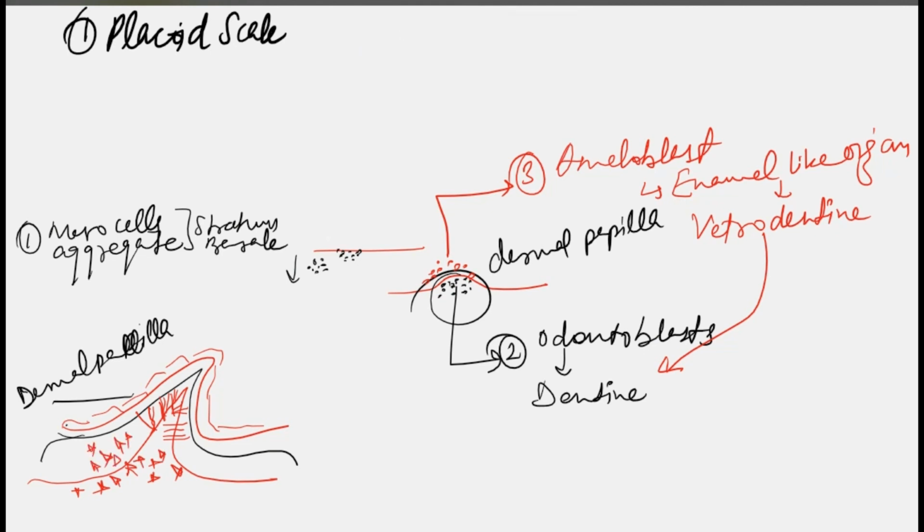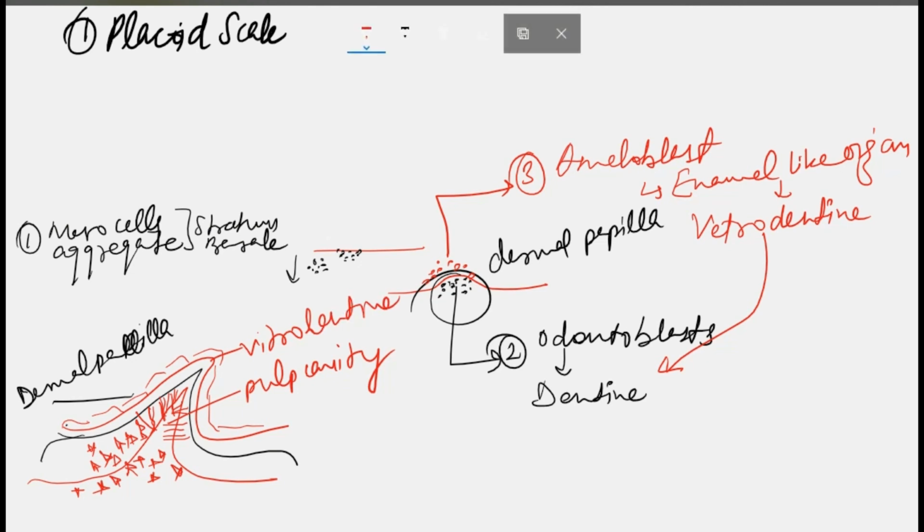So for the nutrition of these odontoblasts, we have this pulp cavity and this pulp. This is your pulp cavity. This is your vitrodentine, which has been secreted from the ameloblasts, and then this is your dentine, which is secreted from the odontoblasts. So basically, this is your placoid scale.